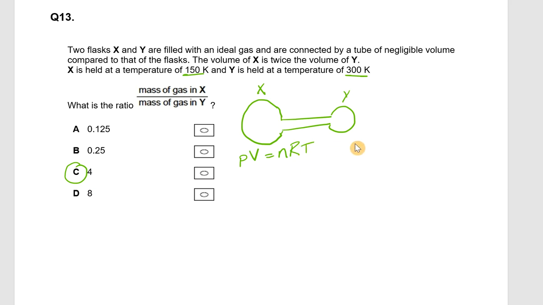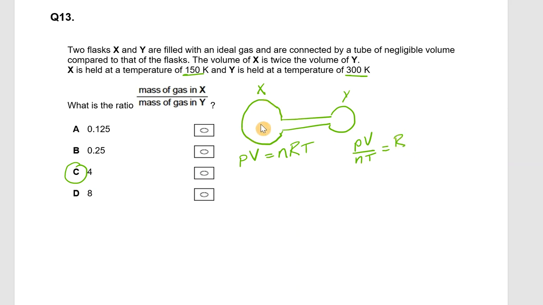If I rearrange that, I get pressure multiplied by volume over number of moles multiplied by temperature equals that molar gas constant. So what that's saying is, if I change the pressure, then the volume or the temperature or the number of moles will change, but it'll still give me that constant R.